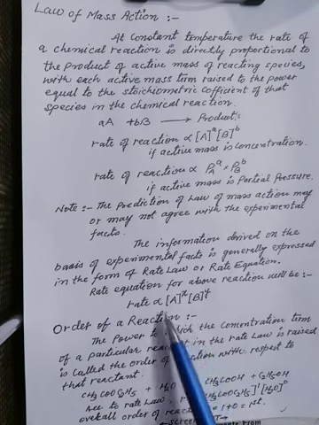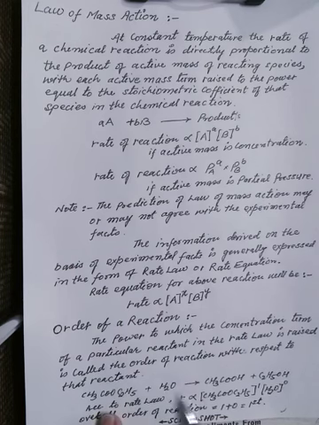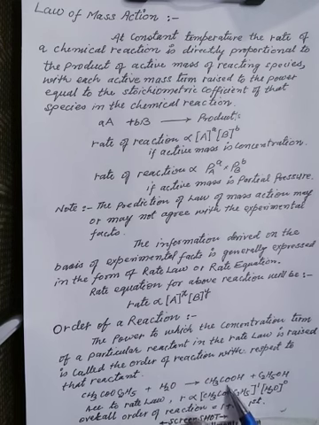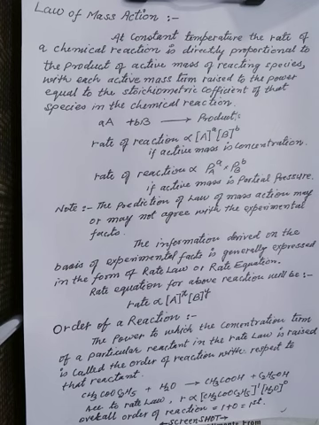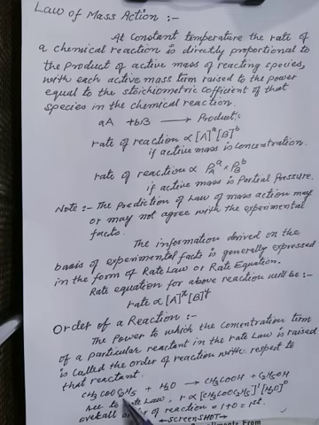Now, if we are doing some experiment, we have taken one example of de-esterification. Ethyl ethanoate is treated with water to form ethanoic acid and ethanol, and we are going to do the experiment. So see here, we keep the concentration of water constant and double the concentration of ethyl ethanoate.